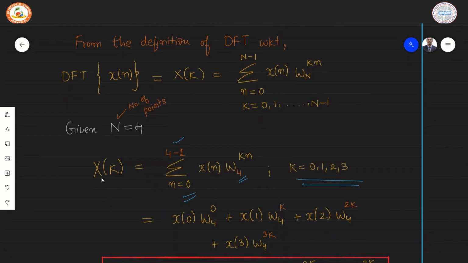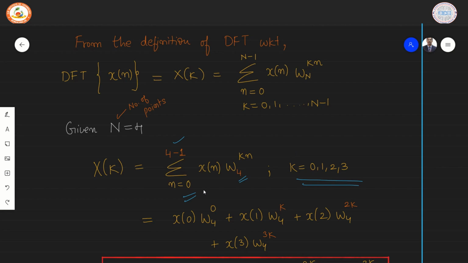Then the equation becomes X of k equals summation n from 0 to 4 minus 1, that is 3, x of n W_4, in place of capital N it is 4, raised to kn, and the k value to be solved is between 0 to N minus 1, which results in 0 to 3.